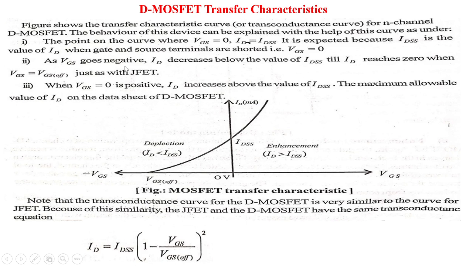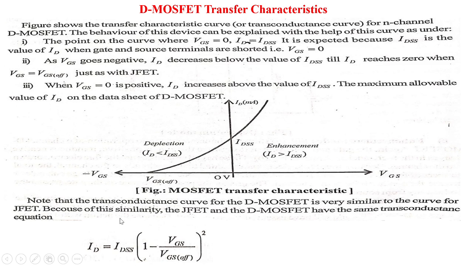As VGS goes negative, ID decreases below the value of IDSS till ID reaches 0 when VGS equals VGS(off), just as with JFET. When VGS is positive, ID increases above the value of IDSS, up to the maximum allowable value of ID on the data sheet of the MOSFET.